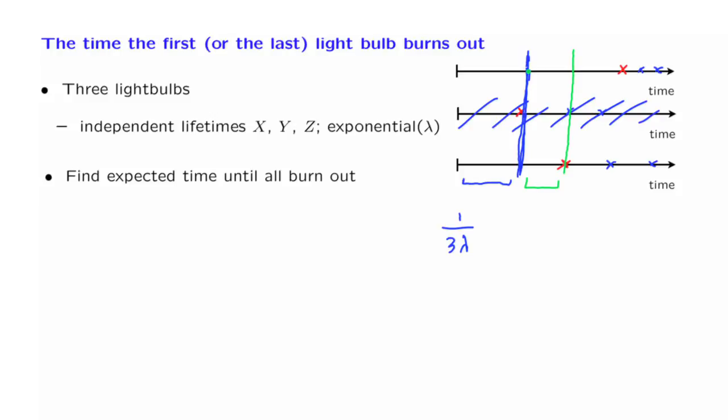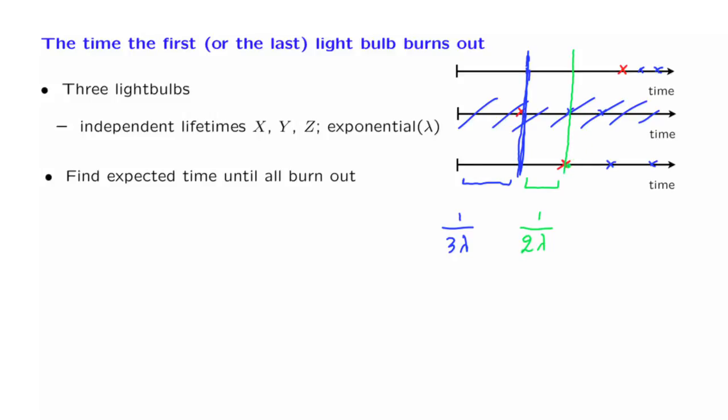So this is going to be an exponential random variable starting from this time, and this is going to be another exponential random variable. So the time until the next light bulb burns out, in this case, is going to be the minimum of two exponential random variables. We can think again about merging these two Poisson processes to obtain a Poisson process with total rate 2 lambda, and the time until one of these two burns out is going to be the first arrival time in that merged process, and so the expected time until the first arrival of the merged process is going to be 1 over 2 lambda.